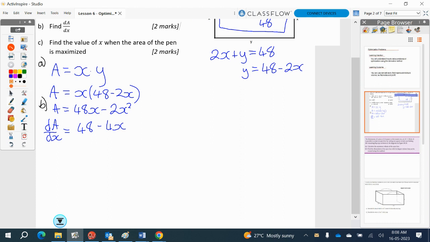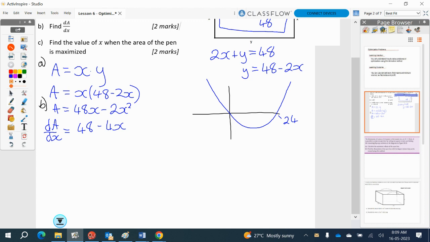Now, the formula we're looking at there, this is the formula for area. We're given this formula, or we've calculated this formula, and just working that out, it's going to look something like this. It's going to go through 0 here, and through 24 there.